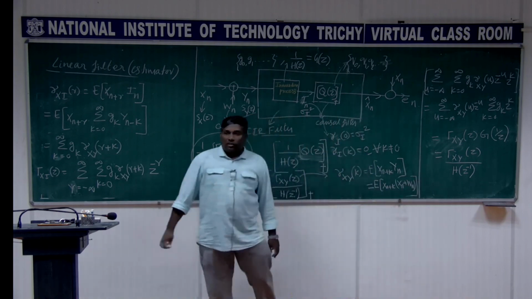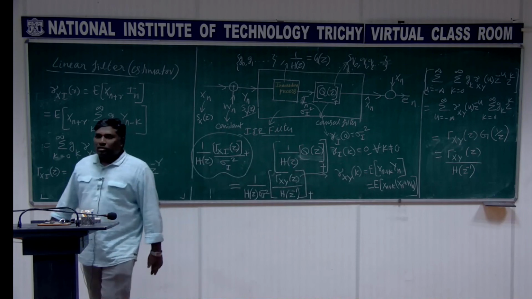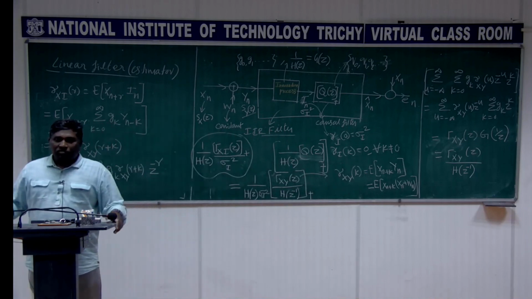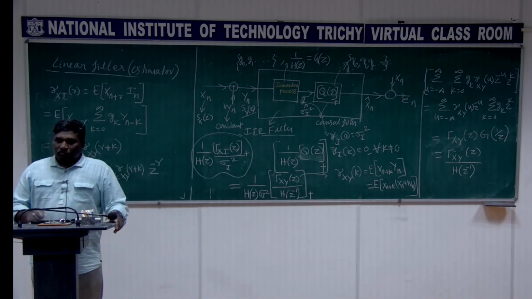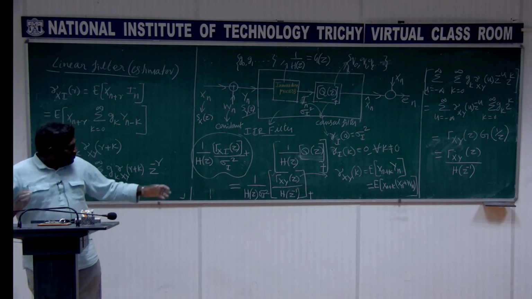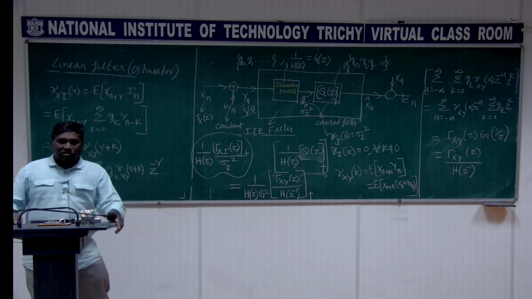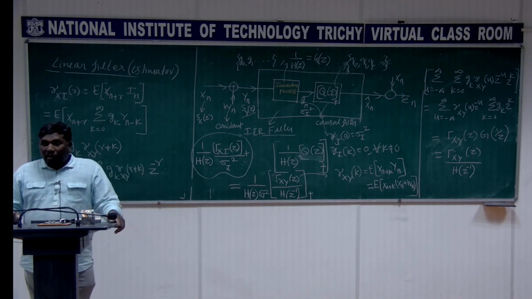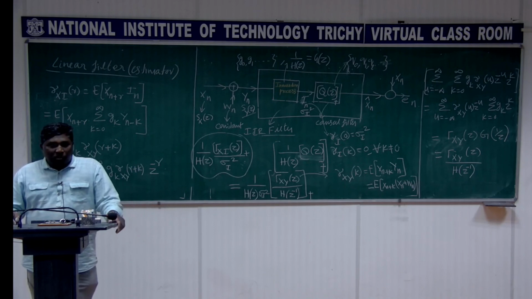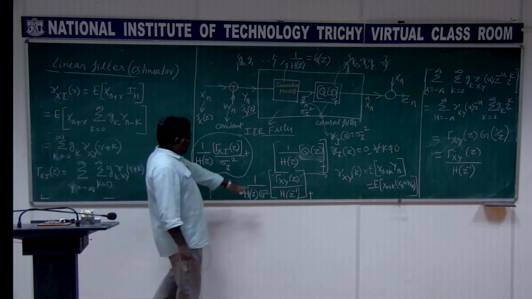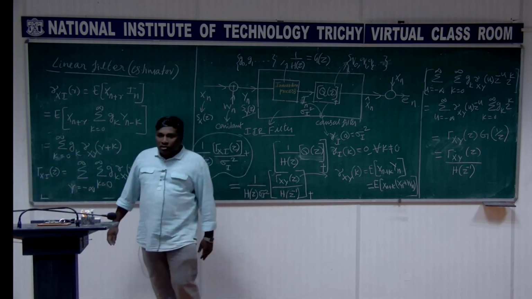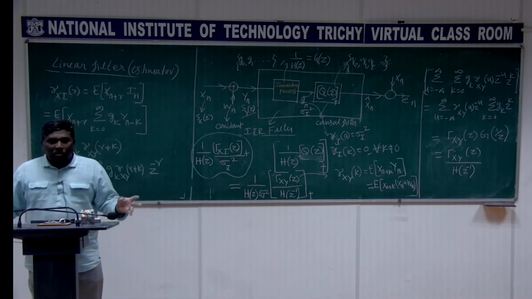One is gamma x of k. Is it just gamma x of k? That we already know. So I can even rewrite this expression as gamma x of z, provided x and w are independent and the mean of w is 0. If that is the case, I can simply write gamma xy in terms of gamma x itself. So that's what the problem is.